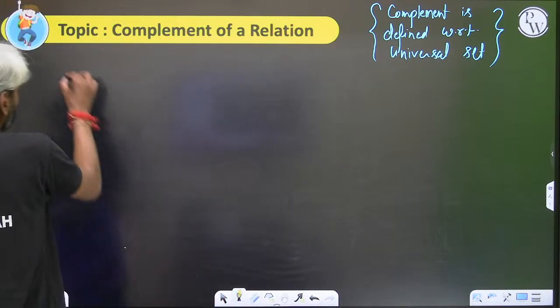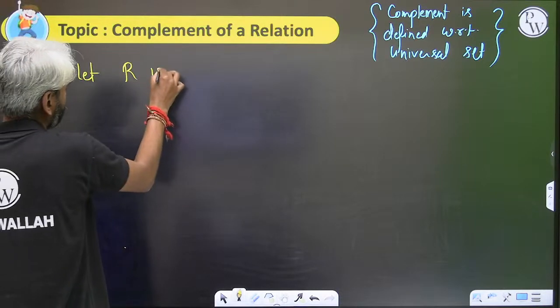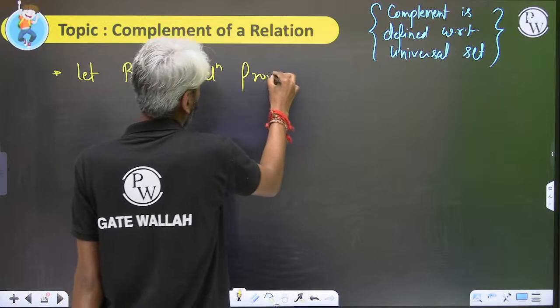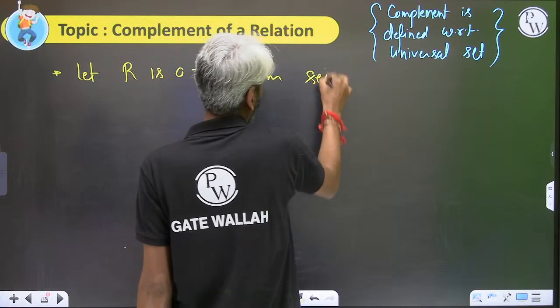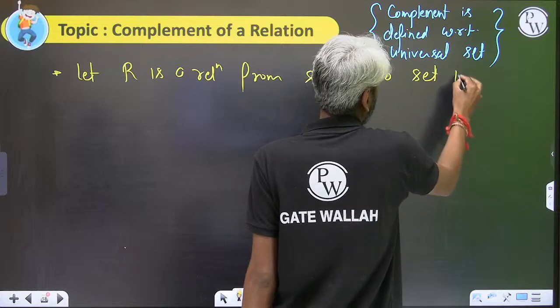So, sir, let's try to understand. Let R be a relation from set A to set B. It can be from any set to any set.